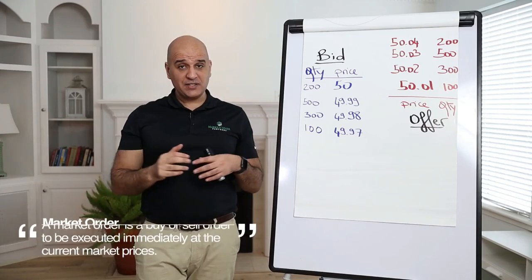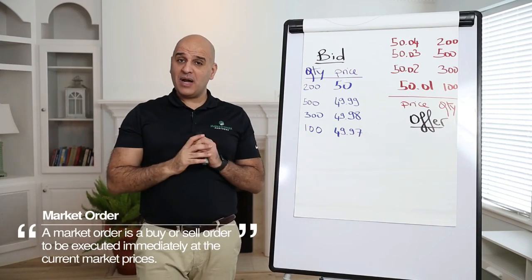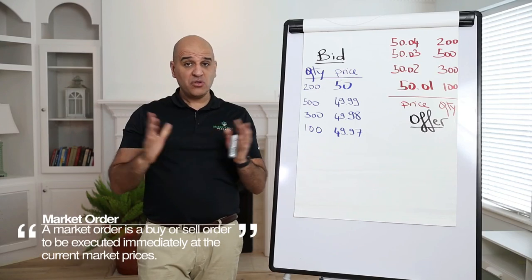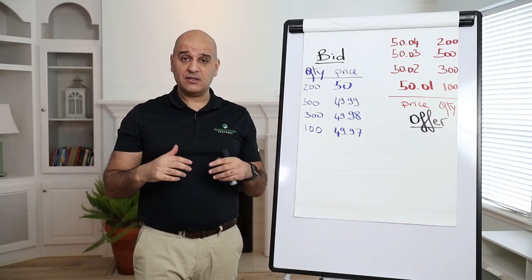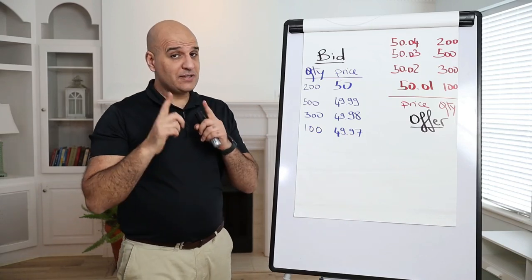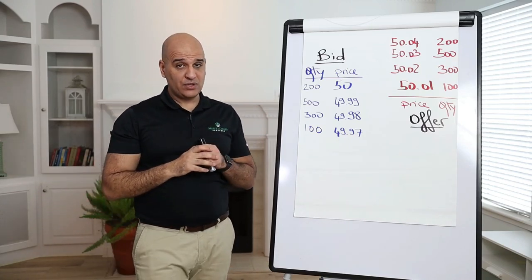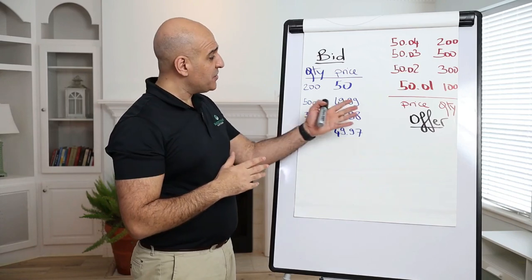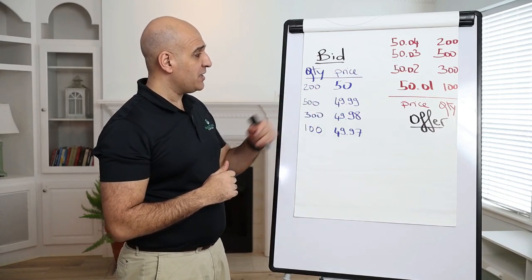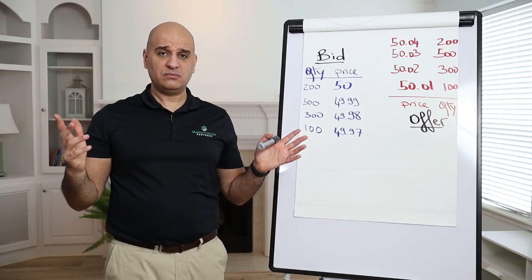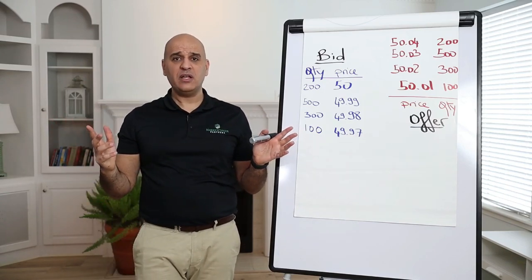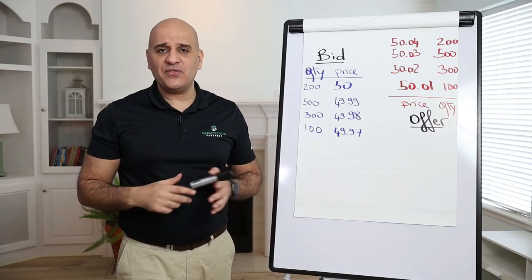Another type of order is a market order. With a market order, you don't know the price that you're going to get executed at because prices move fast. Now, there is a very big risk with the market order that I want to highlight. Imagine you see that the stock is trading at $50, and then you put a market order, let me buy the stock, thinking that it should be around $50.